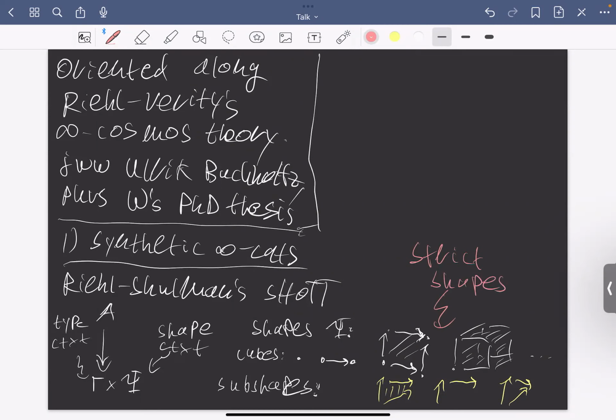They behave like sets in a way. So the arrow, for instance, the 1 cube here, that's really an arrow from 0 to 1.